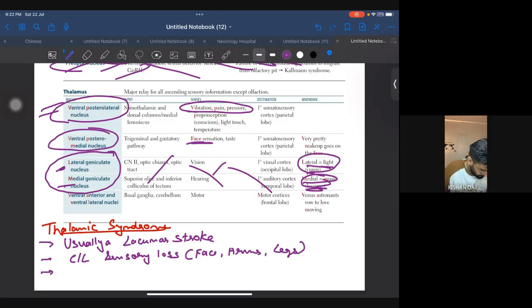Third, resolution can lead to long-term sensory pain.